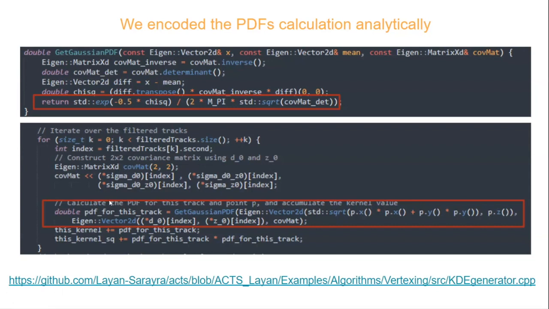As for the lower snippet, this is just a look into our execute function, where we are calling getGaussianPDF in order to calculate each PDF for each track.